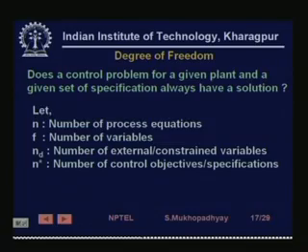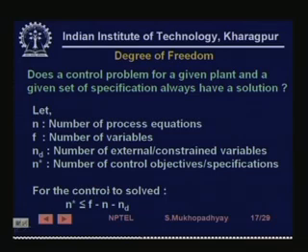Sometimes they are externally coming, just like I said, some flow of some feed. And if n star is the number of control objectives or specifications, typically we are talking of steady state objectives, so something should be maintained at this value constant. This is one control objective. So if you have n star number of such objectives, then the degree of freedom is typically called f minus n minus nd.